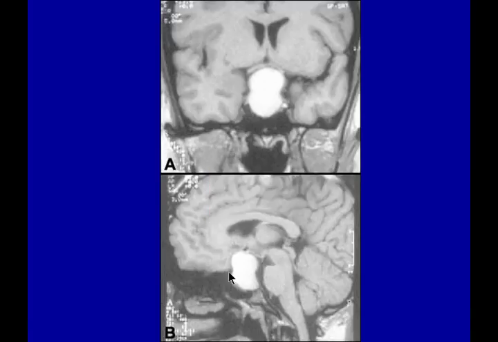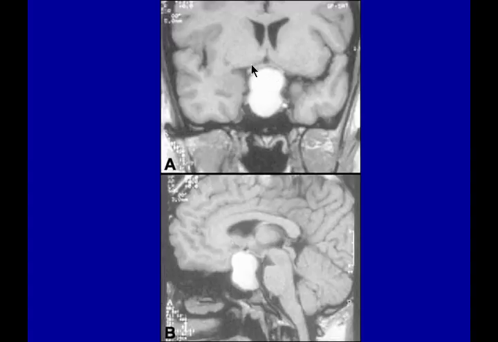So here we show a coronal and a sagittal section of a large pituitary tumor. Notice, first of all, it looks like it has a waist to it because it's popped through the diaphragmatic sella, and that part is outside the sella, starting above this.